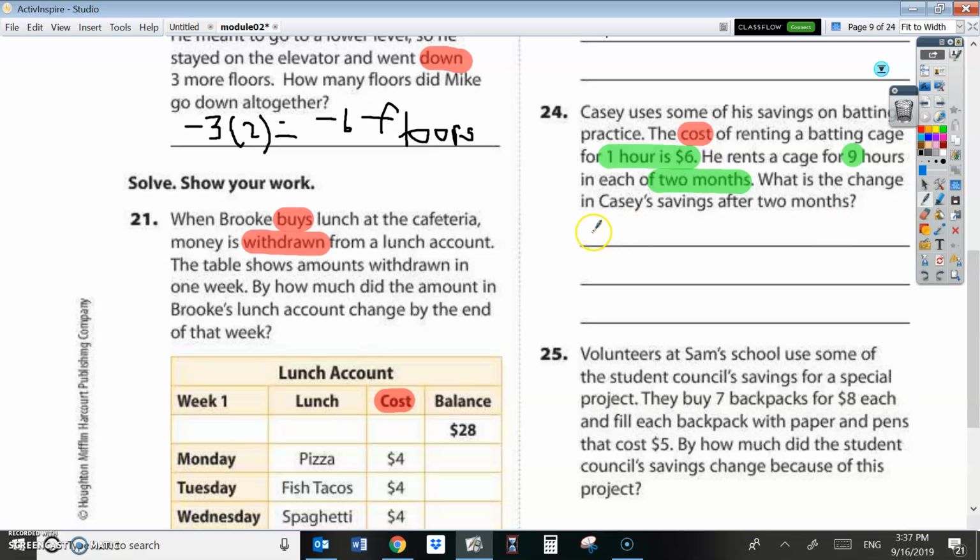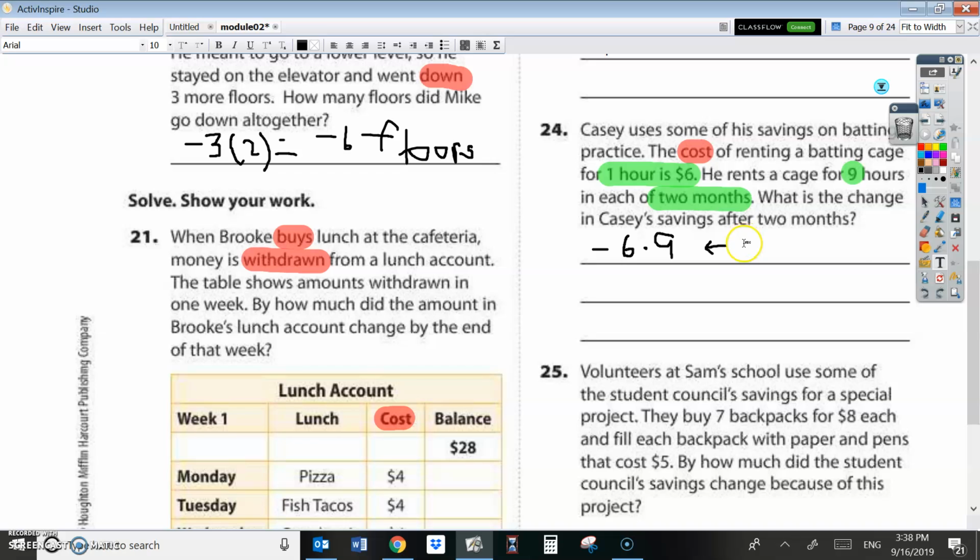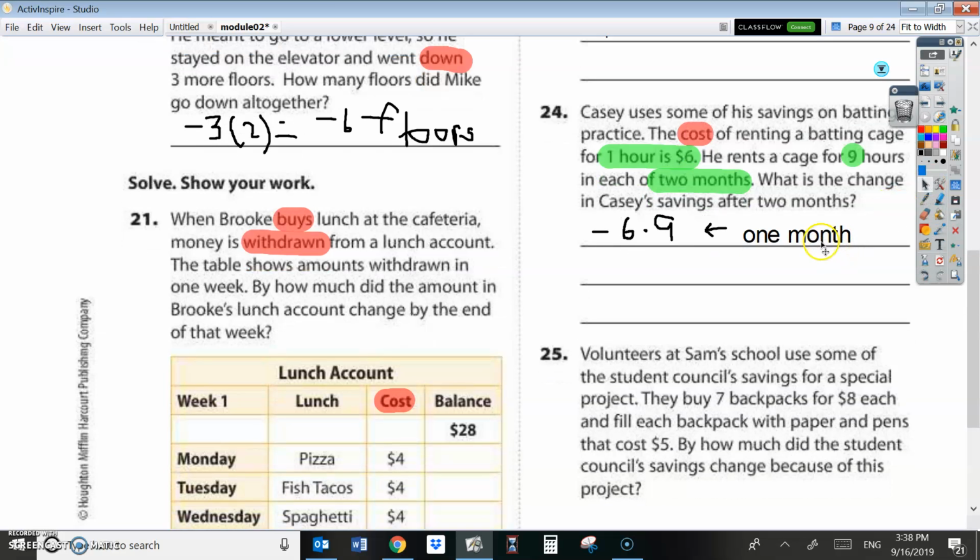So we know the cost is minus 6. We know it does 9 hours. But that right there is only 1 month. So we need to do that twice.